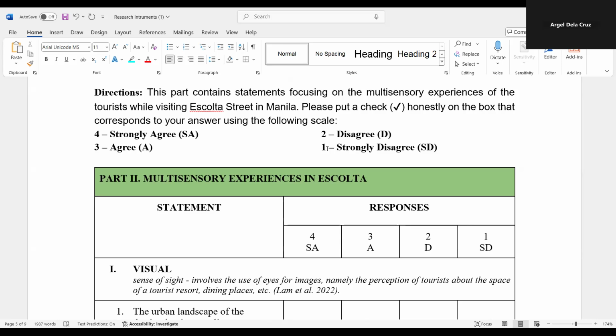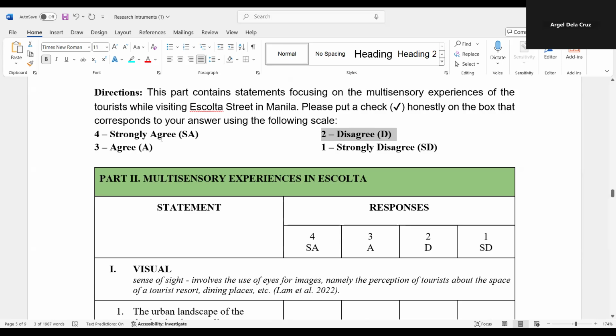It's neither agree or disagree. So you better trunk it with agree or disagree, or you can use the 5 scale na, for example, strongly disagree, disagree, somewhat agree, agree, or strongly agree. But again, if you ask me personally, I prefer to use the 4 scale lang.